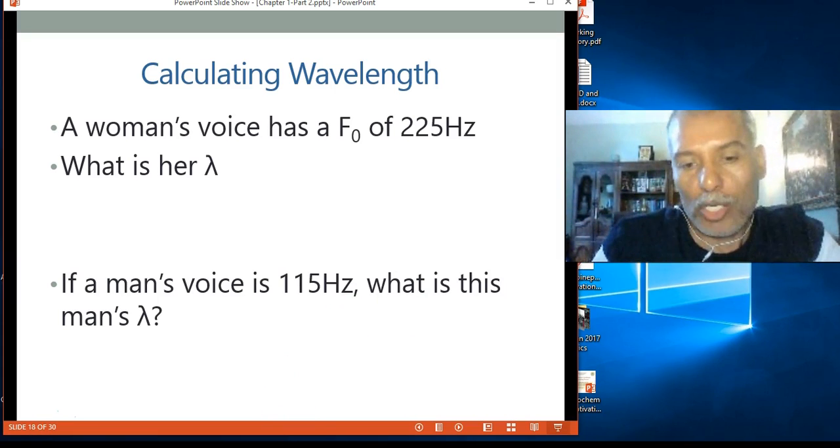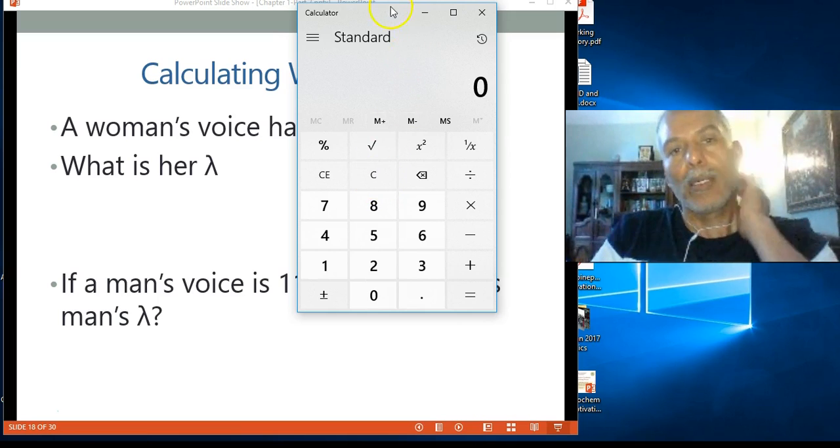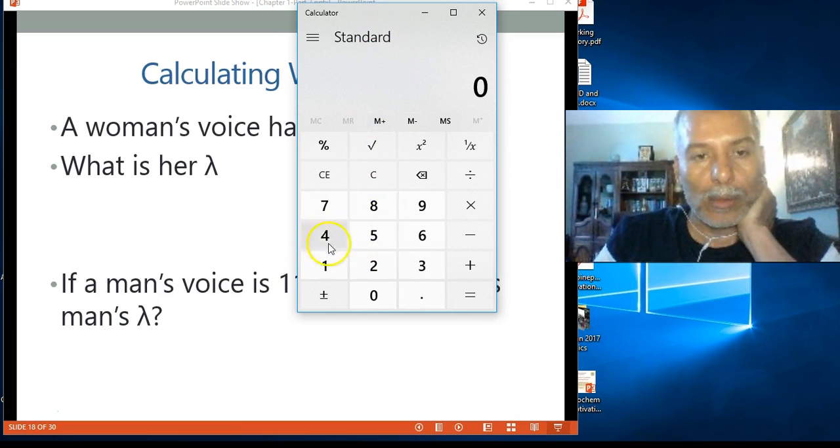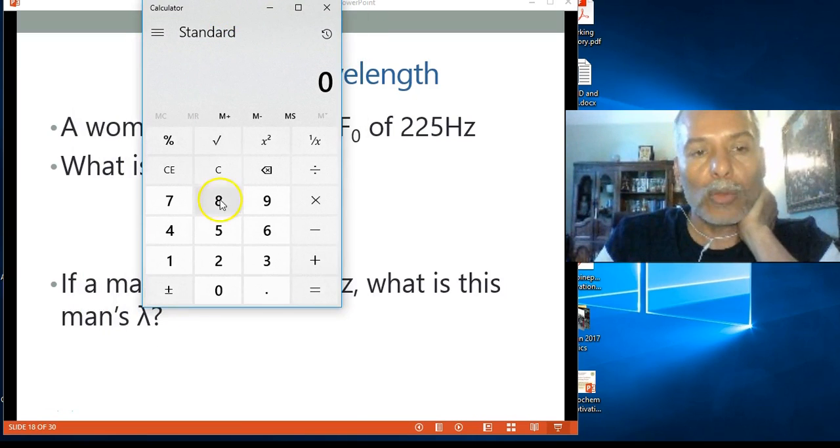So using the equation, lambda, the wavelength, equals the sound constant, 331, divided by 225.